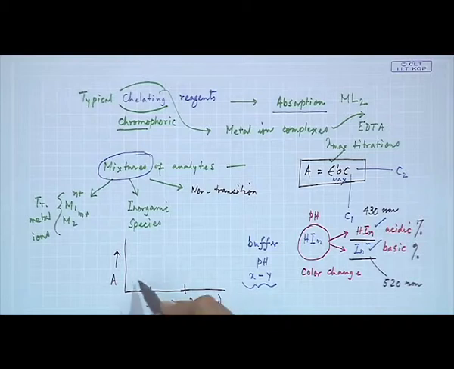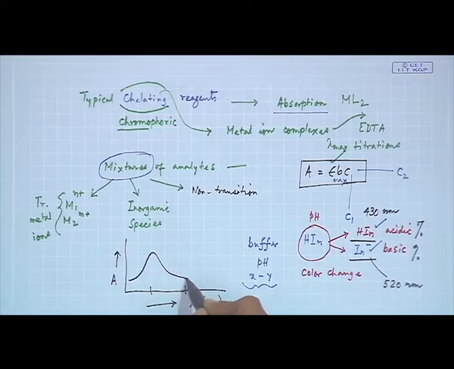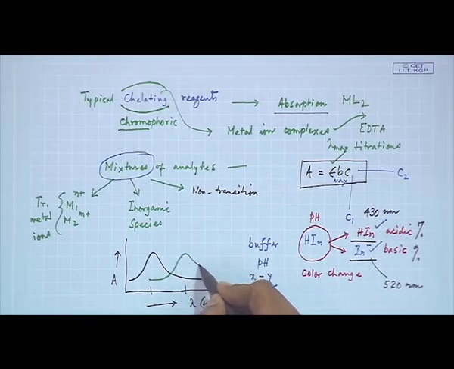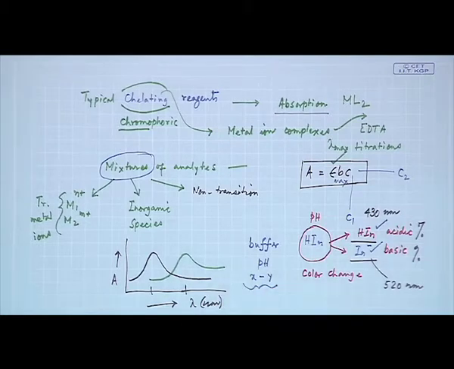So, what we get is a corresponding absorbance like this for this particular species, that means HIN, and we will get one for IN also, because the nature will definitely be different. So, what do we get?